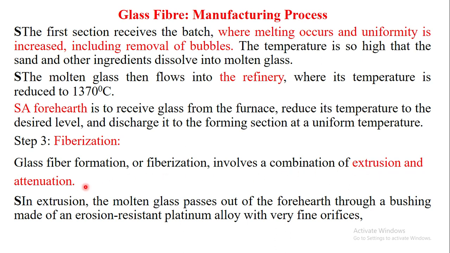We will see one by one what extrusion and attenuation are. In extrusion, the molten glass passes out of the forehearth, which means the third section of the furnace, through the bushing made of an erosion-resistant platinum alloy with very fine orifices.